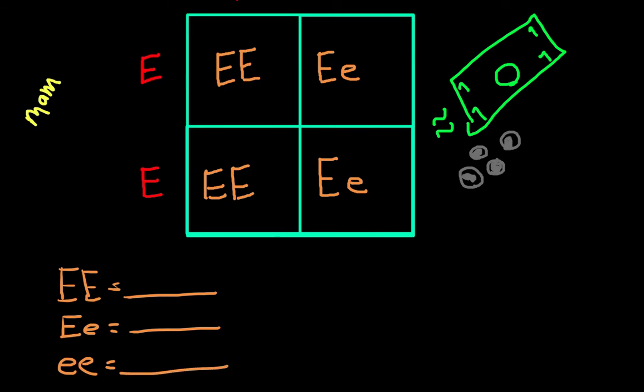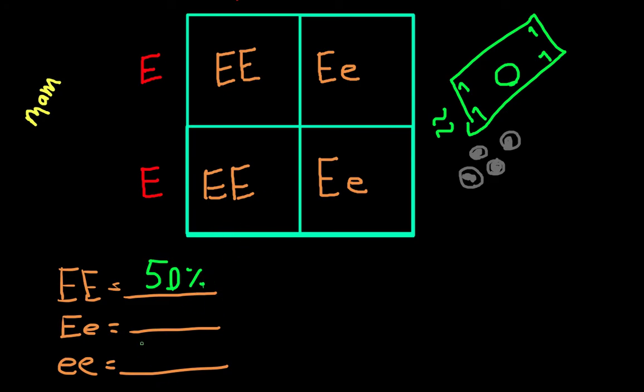Well, let's take a look. How many squares do you have that have two capital E's? I see two. 2/4 represent 50 cents. And percentage-wise, it's the same thing. But since we're talking about percentage, we're gonna put this percent right there at the end.